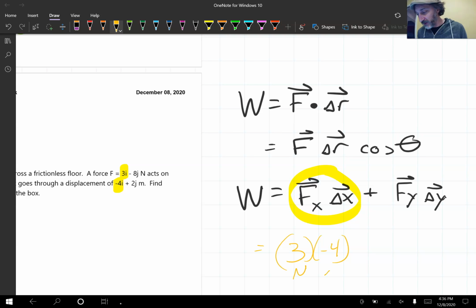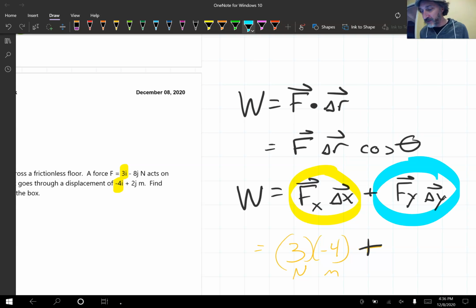I guess newtons and meters, right? Plus, we'll do the plus sign in black because you care. All right, and then we'll do this guy in blue. Fy times delta y. So negative 8 times 2. Negative 8 newtons times 2 meters.